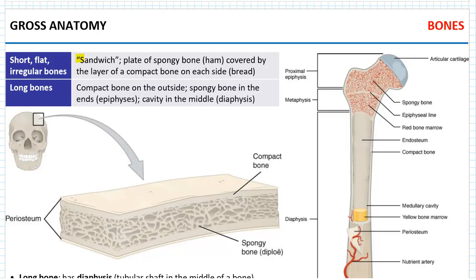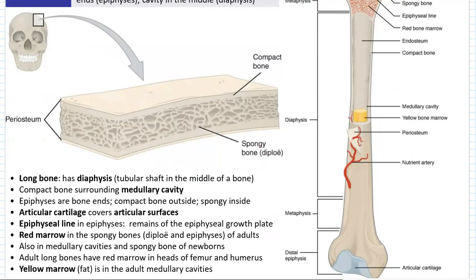One word that can describe it is a sandwich. If you look at this image, you can notice that compact bone comprises the outer layers. Okay, sounds good?